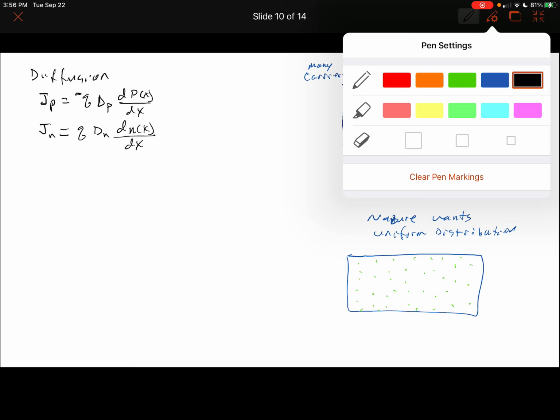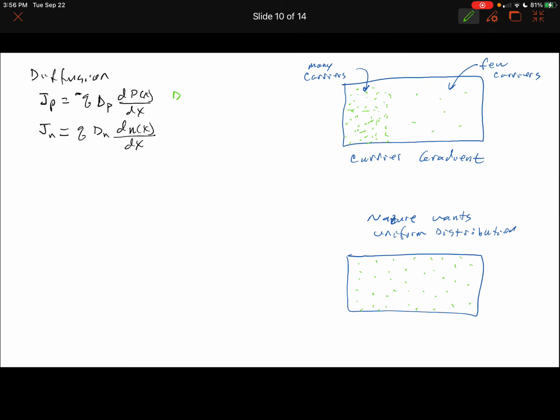And that diffusion constant for holes is equal to about 35 centimeters squared per second, and it's about 12 centimeters squared per second for electrons, if I've got that right.